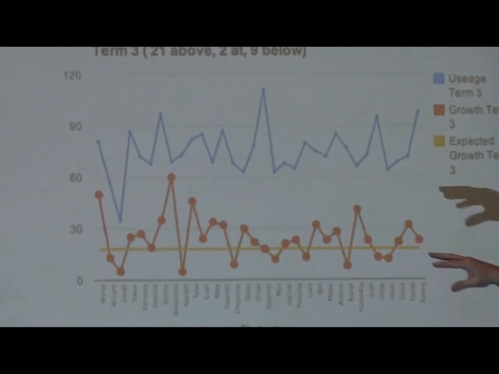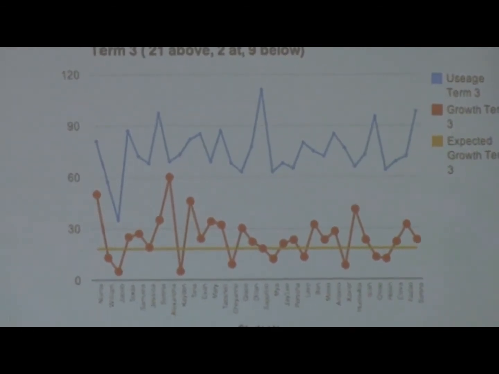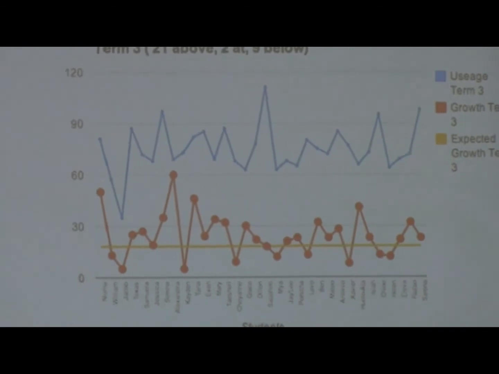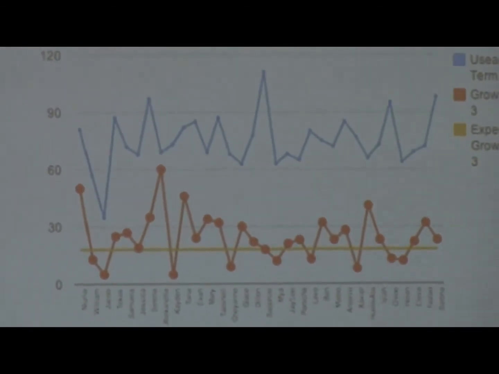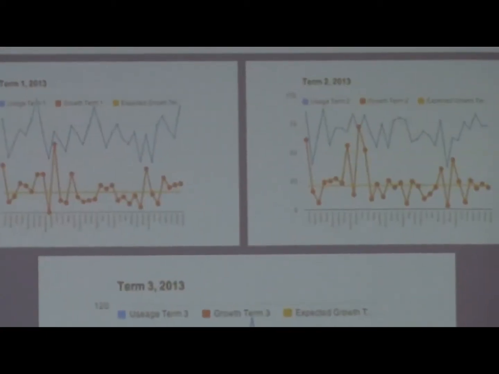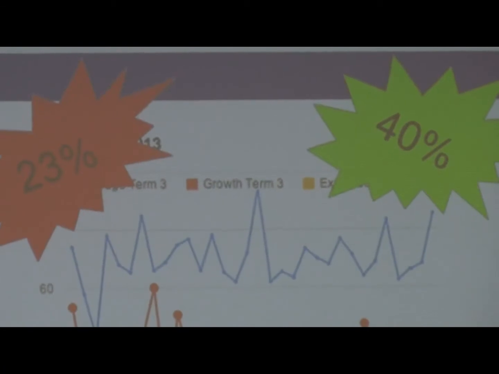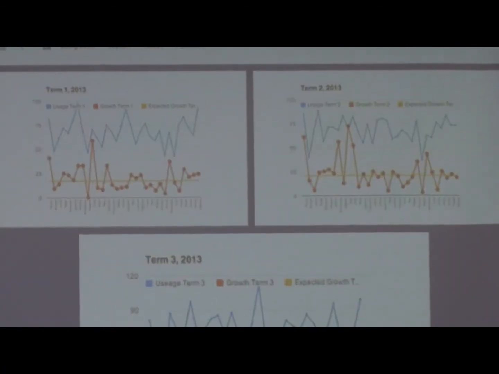All of a sudden, I actually started to see what I actually saw as a shift. So I all of a sudden had 21 that were above, leaving 2 at, and only 9 below. And I was like, okay, well, we're getting somewhere, right? In terms of percentages, that's a 23% increase in the number of students that were achieving an acceleration in their learning.